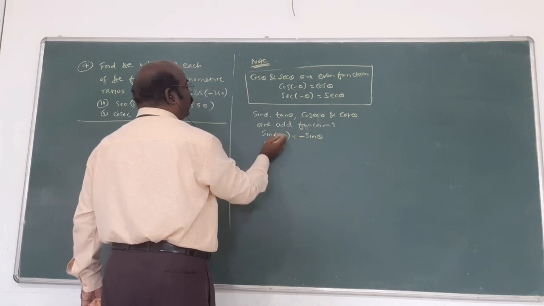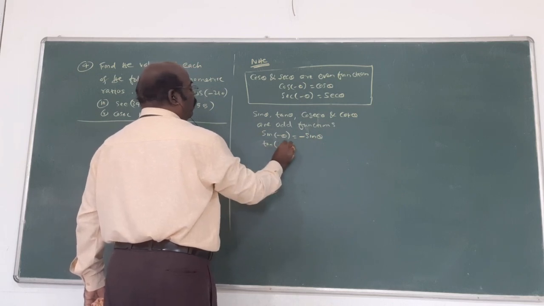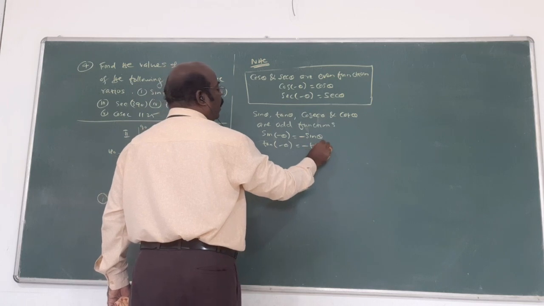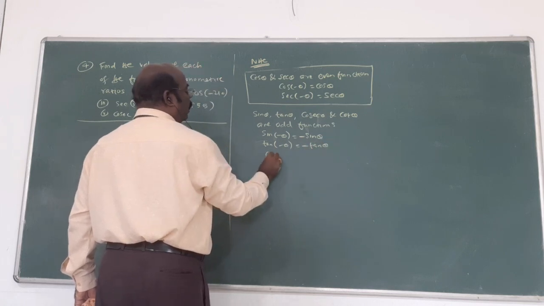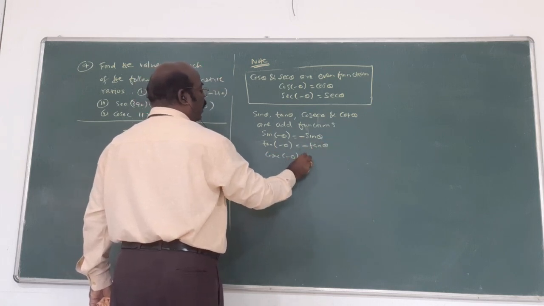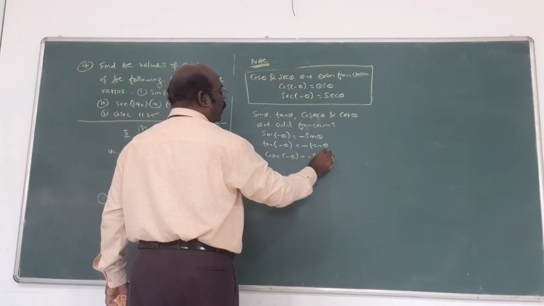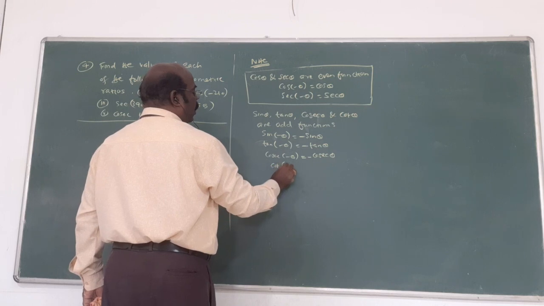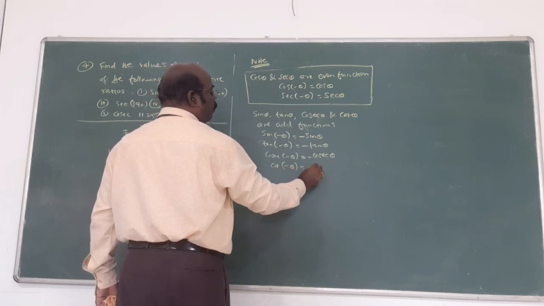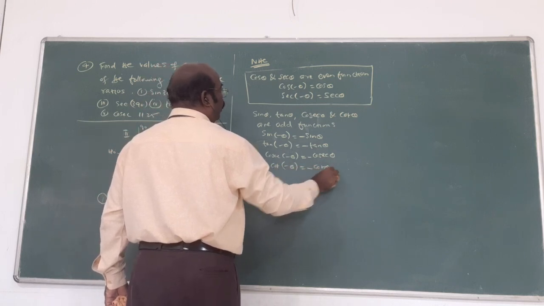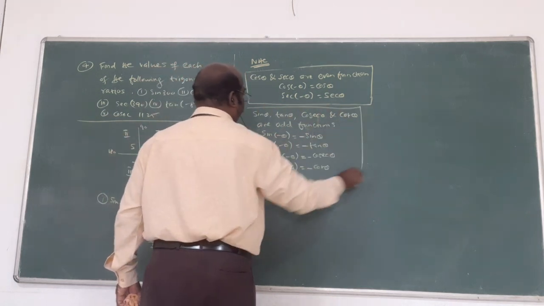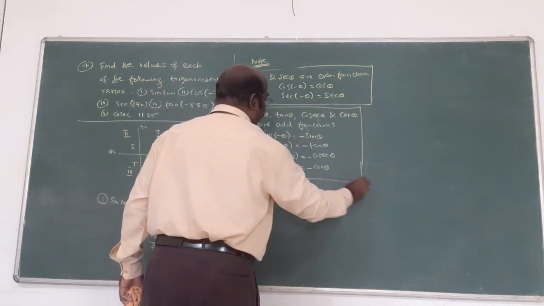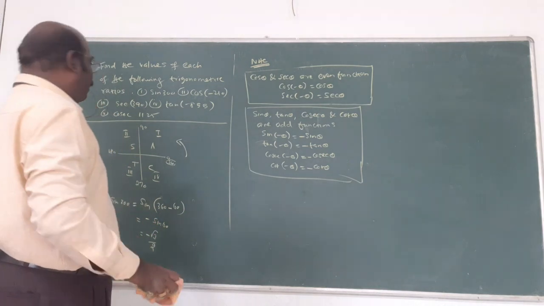Next is tan of minus theta equals minus tan theta. Next is cosecant of minus theta equals minus cosecant theta. The extra minus will come. Last one is cot of minus theta equals minus cot theta. This is the representation. Now the second problem.